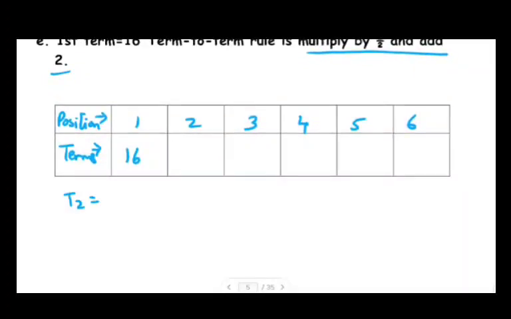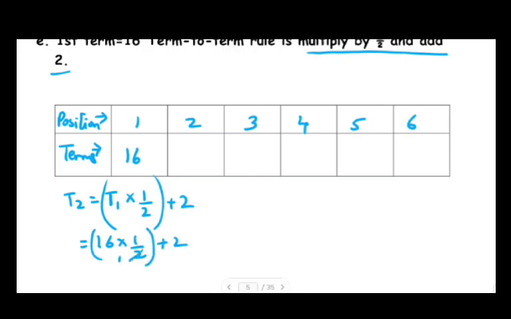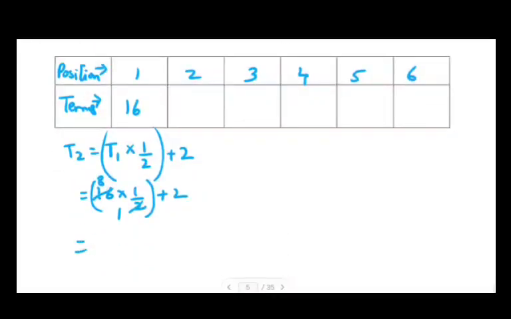So term 2 is equal to term 1 into half, and the whole thing then has to be added by 2. So what is my term 1? 16 into half plus 2. 2 1s are 2, 2 8s are 16. 8 plus 2 gives me 10.